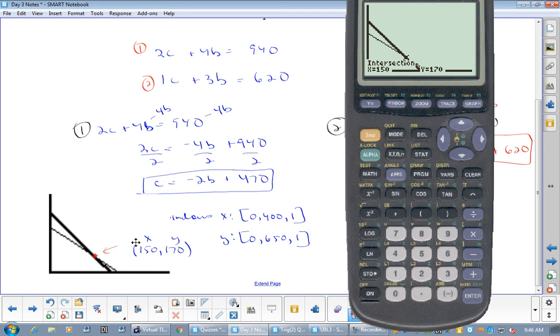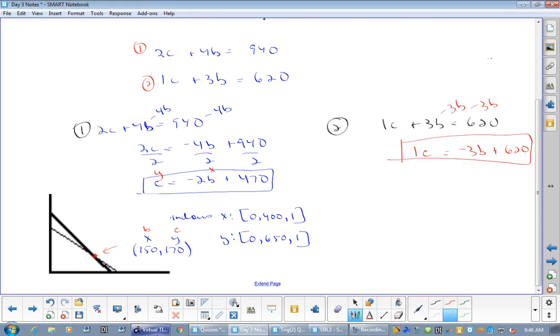Now, when I did my two equations, does everybody see that this was my Y and this is my X? So make sure you keep those straight. X stands for B, and Y stands for C. You guys know that that's going to get mixed up if you don't keep it straight.